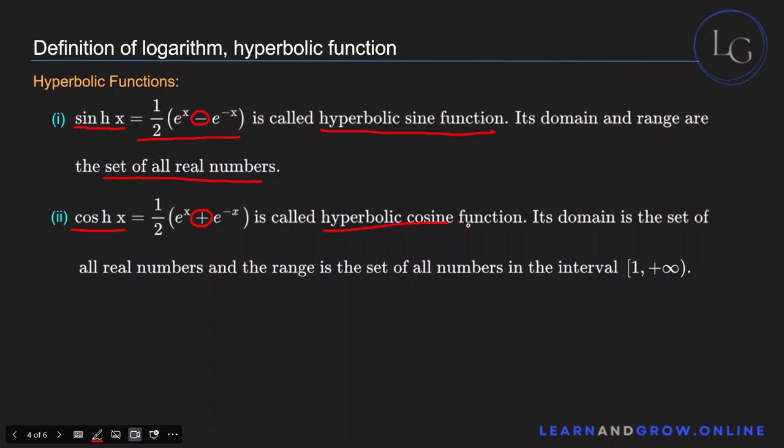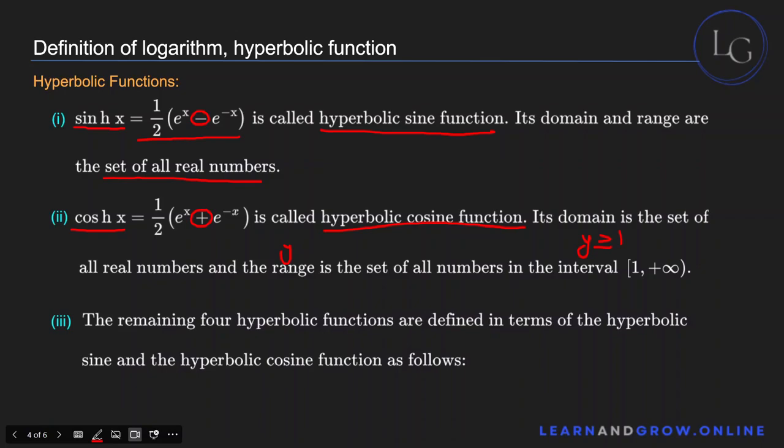This is called the hyperbolic cosine function, and its domain is the set of all real numbers, but the range is a bit different. Basically, the y value ranges from 1 till infinity, so y is greater than or equal to 1. That's the range. And the remaining four hyperbolic functions are defined in terms of hyperbolic sine and hyperbolic cosine.